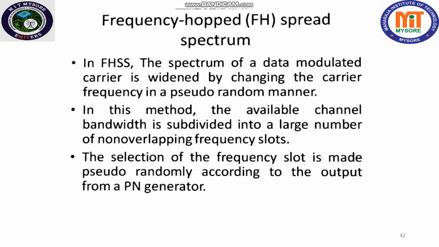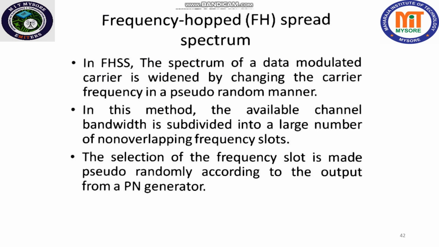Here we are changing the modulated signal's frequency in a pseudo random manner. That is, the signal modulated using M-ary FSK can have its frequency translated in a pseudo random manner.